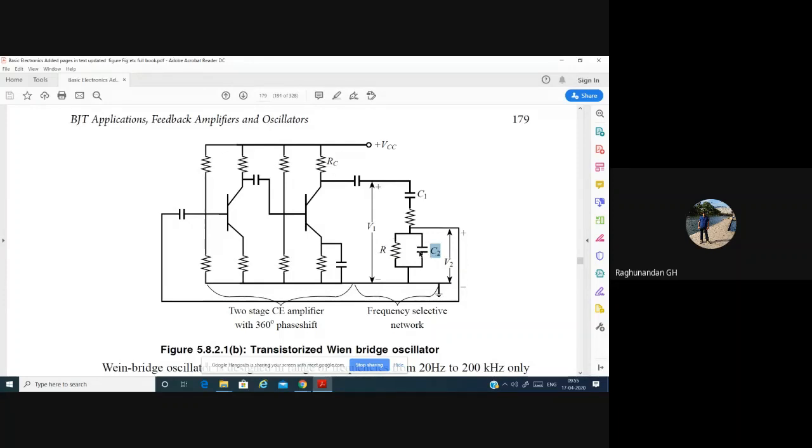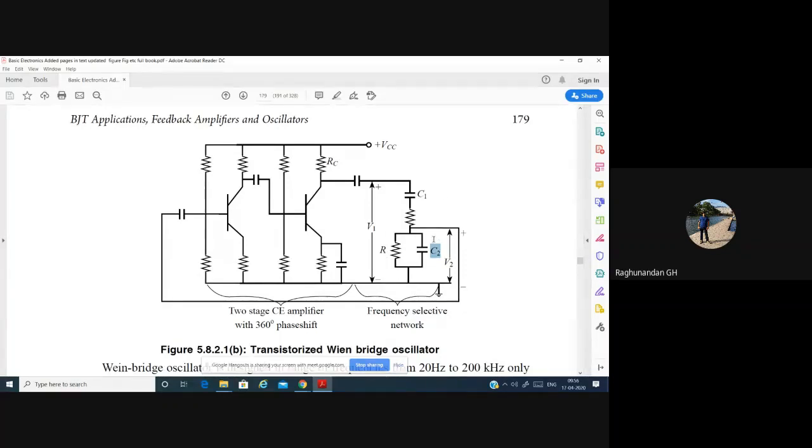Now, in order to find the voltage across this branch, we know the voltage divider formula is the main voltage into the resistance where we are interested to find the voltage, divided by the sum of total resistances. The sum of total resistance means obviously this entire thing has to be considered.